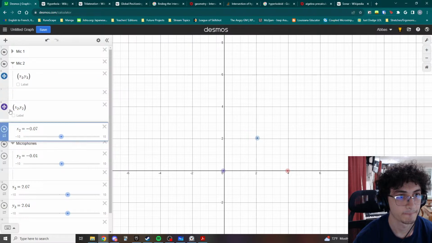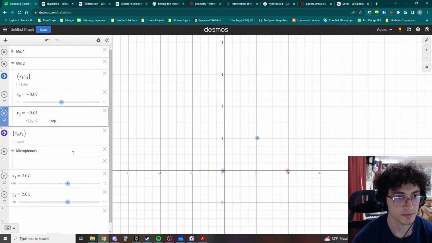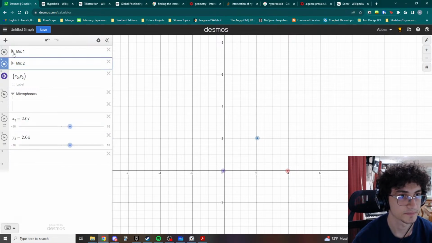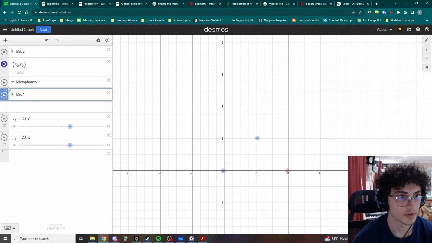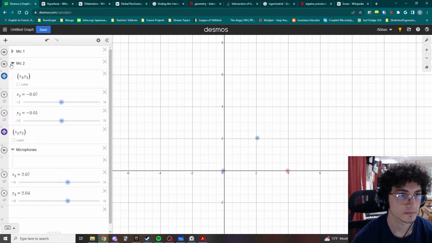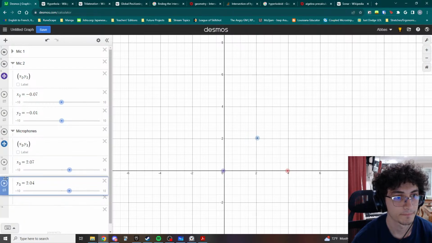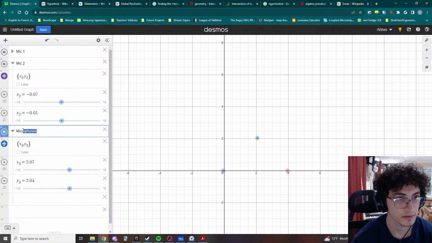Bam. Bam. Bam. I don't know why I'm putting so much effort into this Desmos project, to be honest. It's more effort than I'm putting into the actual Arduino coding. Can I not put folders in folders? All right, I guess not. Oh well. Bam, bam, bam. This is mic 3.